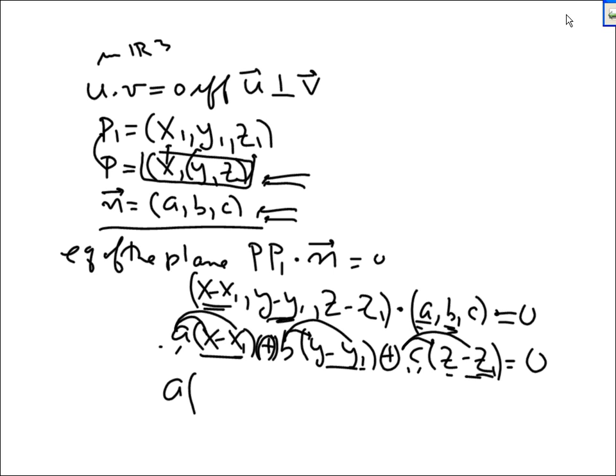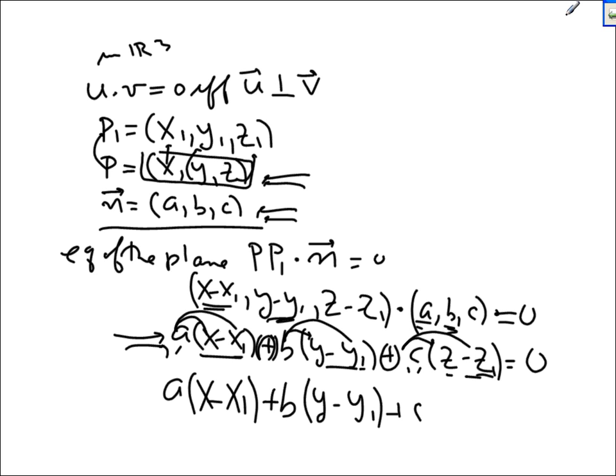You have A times, since I wrote on it a lot, I'm writing it again, it being that line there. You have B times Y minus Y1 plus C times Z minus Z1 equals 0. The nice thing is, you can forget this equation. You can rederive it.